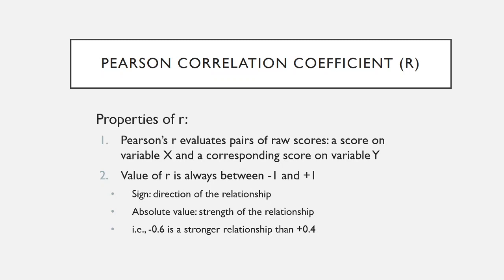A perfectly negative relationship would be variables that share 100% of the variance but are in the negative direction, versus variables that are perfectly correlated that share 100% of variance in the positive direction. That would be a Pearson's R that was a positive one.